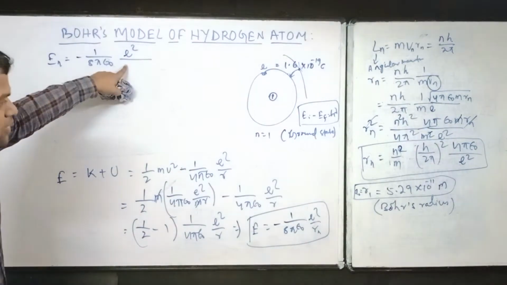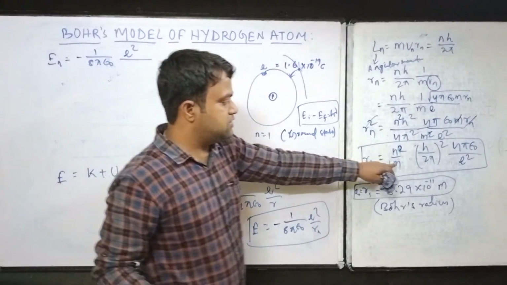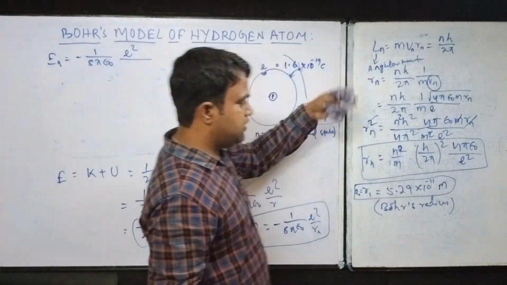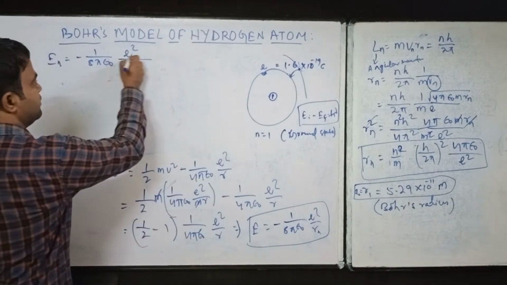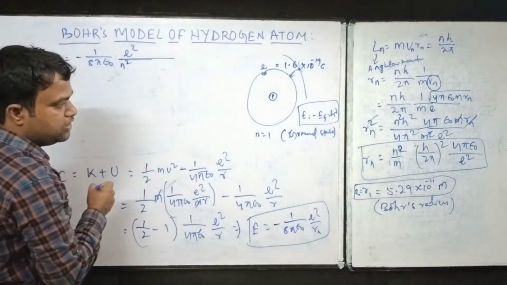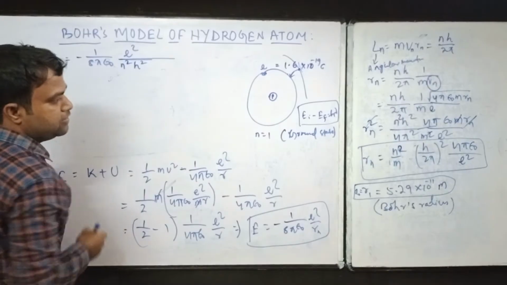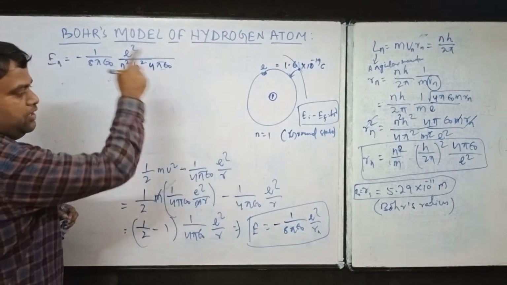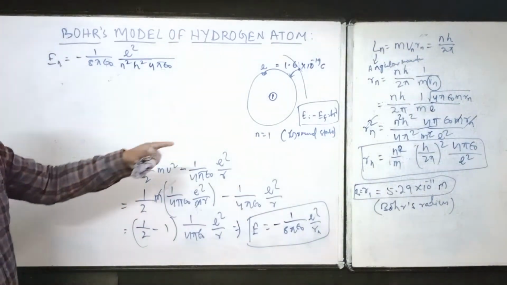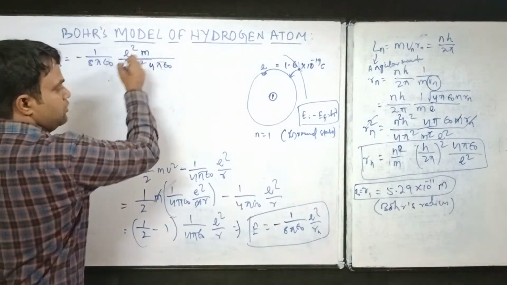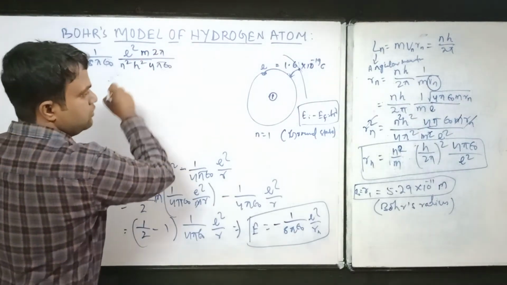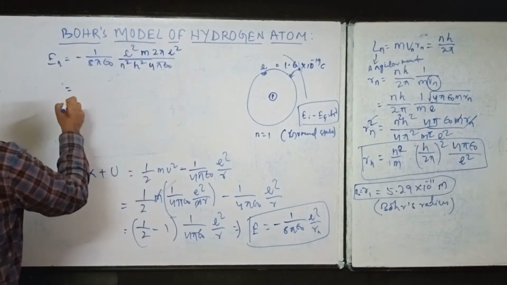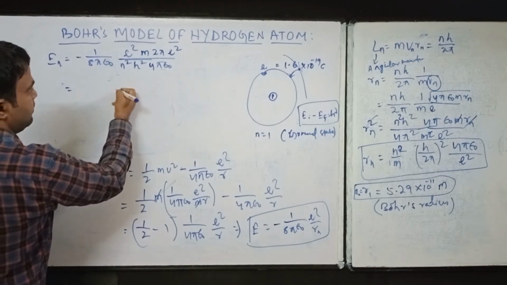So you use here Rn in the denominator, that means these terms will go to the numerator and other terms will be in the denominator. So this will come as n square h square over 4 pi epsilon naught, and in the numerator there will be m 2 pi and e square. So e square will come up.